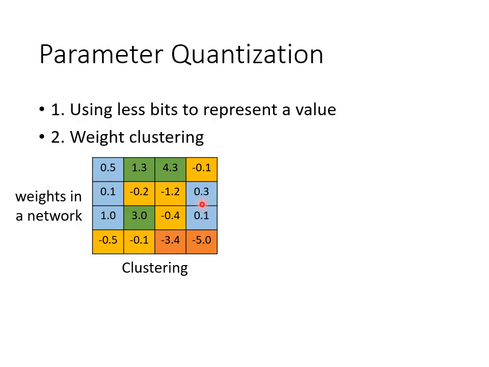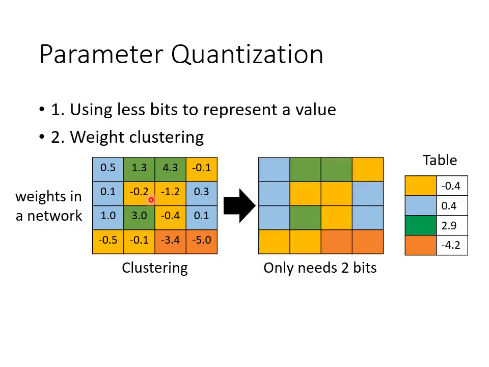Then you will find that the relatively similar numbers are treated as a group. Then for every group, we use only one value to represent it. That is, as long as they belong to the yellow group, we don't care what its value is. Let's say it's all minus 0.4. Anyway, the other parameters might also follow the result of minus 0.4.